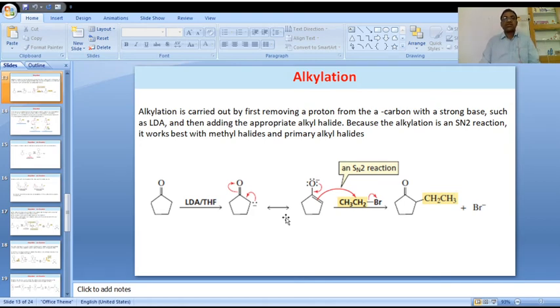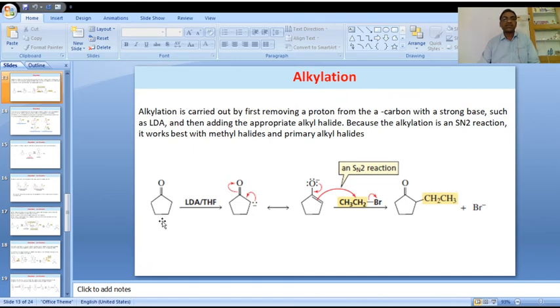Next, in the presence of this particular LDA, alkylation, the next step after enolate ion formation, where an alkyl group is substituted on the alpha position. How the reaction takes place, we'll discuss with a suitable example. Alkylation process.